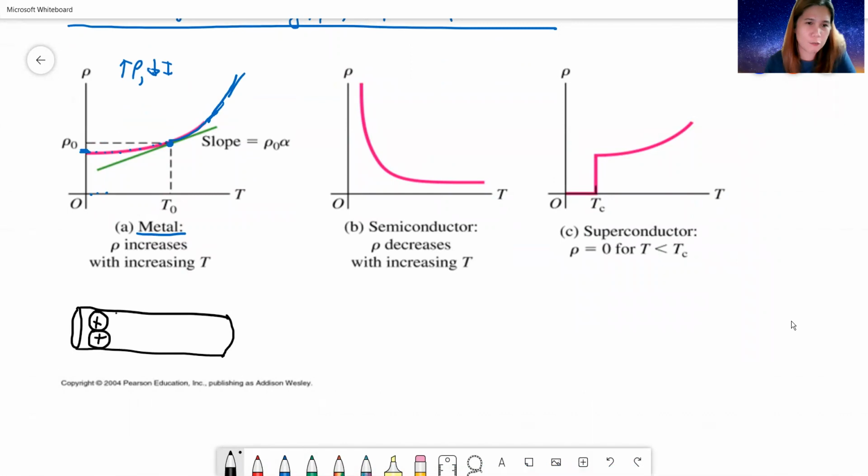These are the nuclei of your metal that cannot move, right? And then you have the electrons, moving in different directions. Now, let's say there's an established electron flow in this direction, from left to right. I'm talking about electron flow.